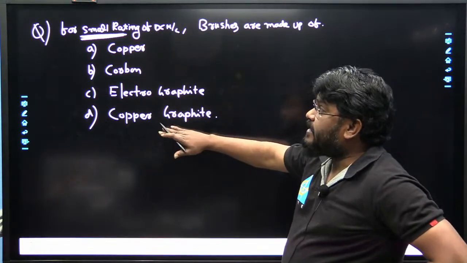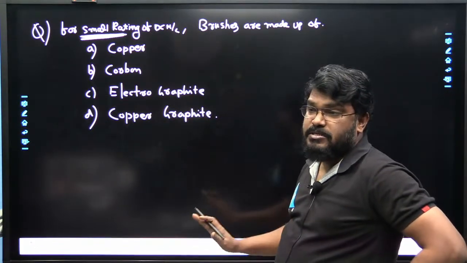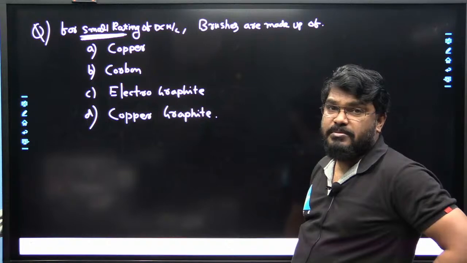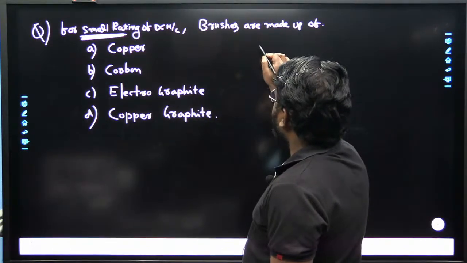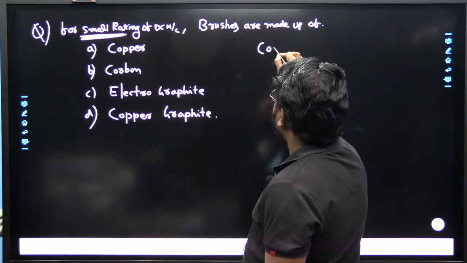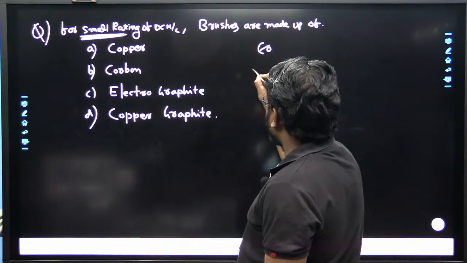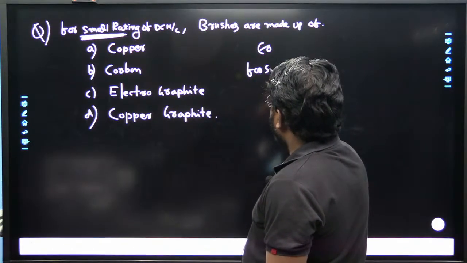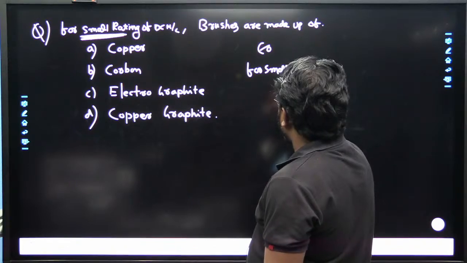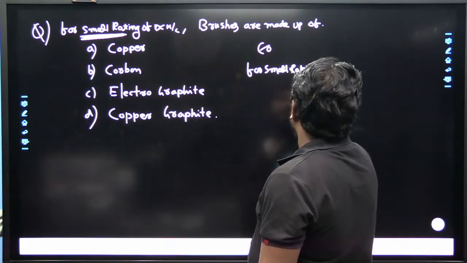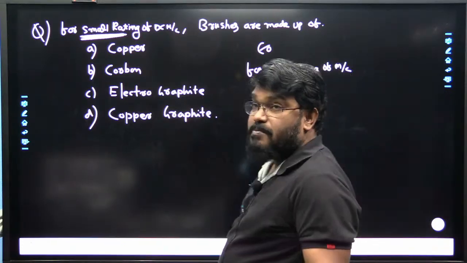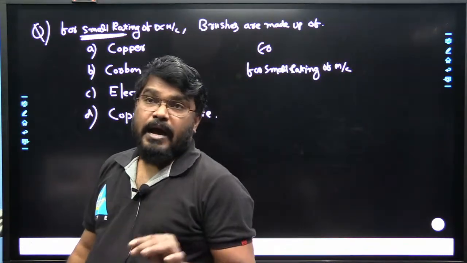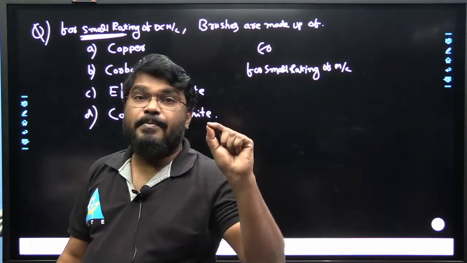Copper graphite is used for large rating of the machine, not for small rating. For small rating of the machine, carbon brushes are prepared as compared to copper brushes.